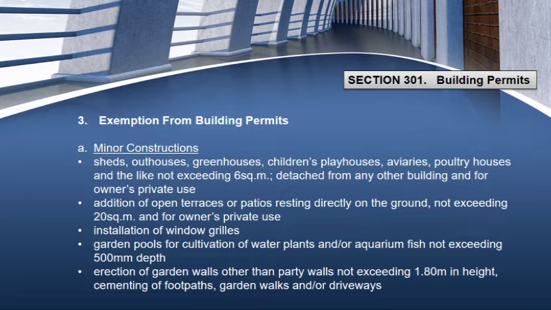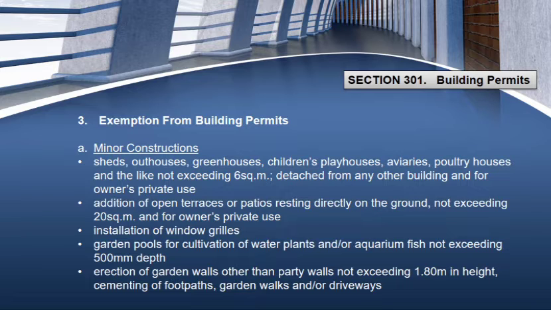Another is the addition of open terraces or patios resting directly on the ground, not exceeding 20 square meters and for owner's private use. And if there is a project na magpapa-install po ng window grills, considered po yan na minor construction and exempted from building permit. Another is garden pools for cultivation of water plants and/or aquarium fish not exceeding 500 millimeters depth.